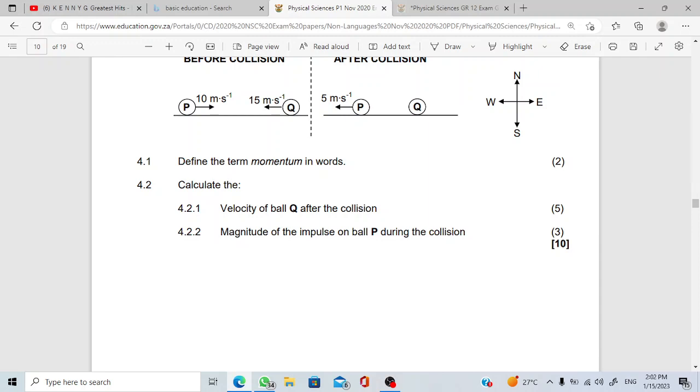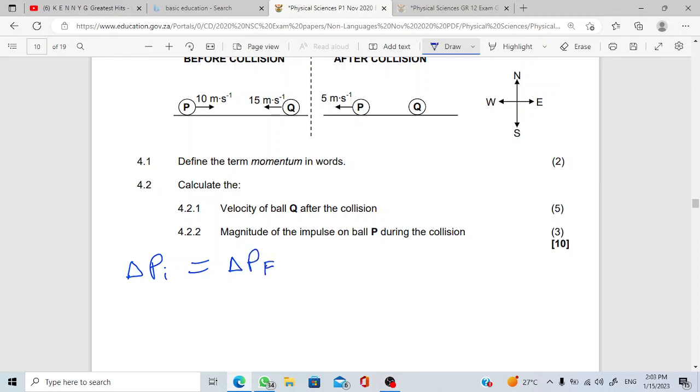Now let us solve. You need to know that for conservation of momentum, the momentum before, which is P initial, must equal the momentum after, P final.